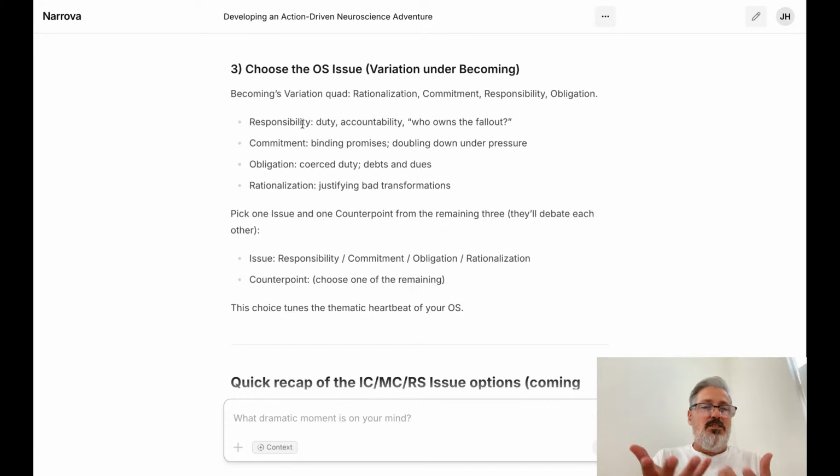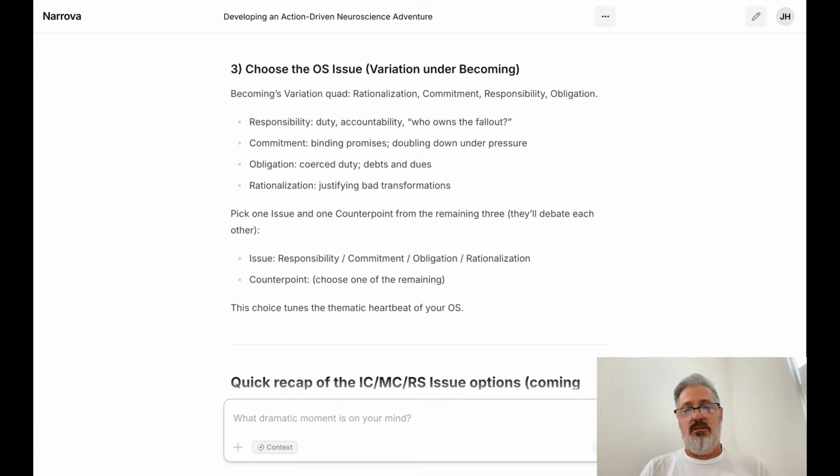So underneath the concerns, there's four more. If we're going to talk about becoming, you're going to want to talk about when you become and transform yourself, it's greater accountability. Who's going to be responsible to take care of things? Commitments. You give yourself a commitment and dedicate yourself to something that you might not even want. Obligation.